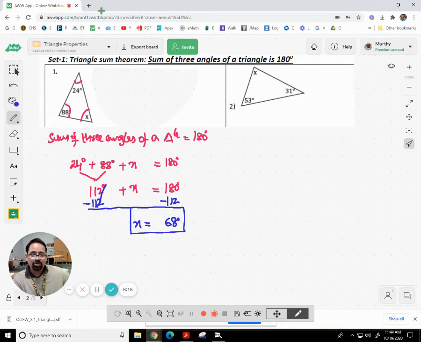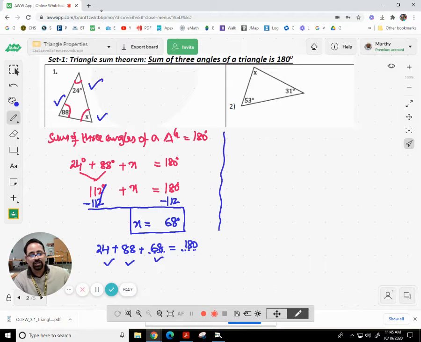In case you are not sure that your answer is correct, let's take all these angles, 24 plus 88 plus, in the place of x, the value we found, 68, and check whether it equals 180 or not. Use your calculator. Yes, you'll find 180 degrees. So the value of x equals 68.